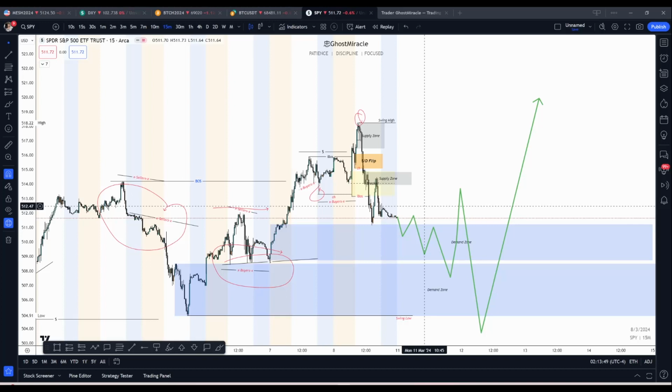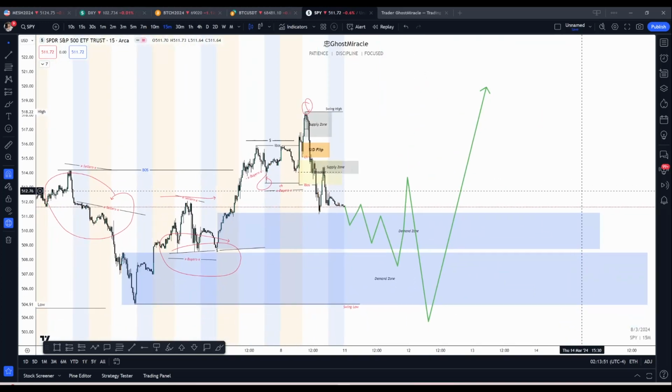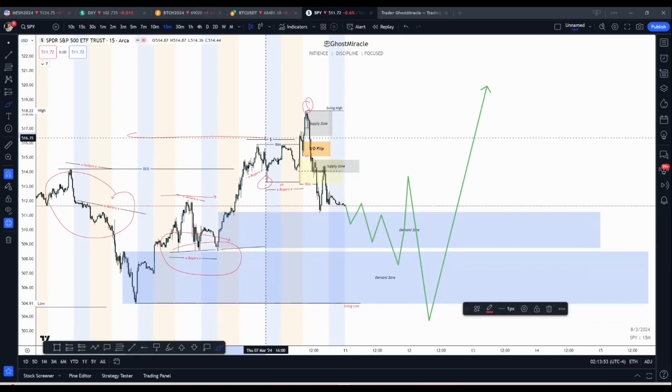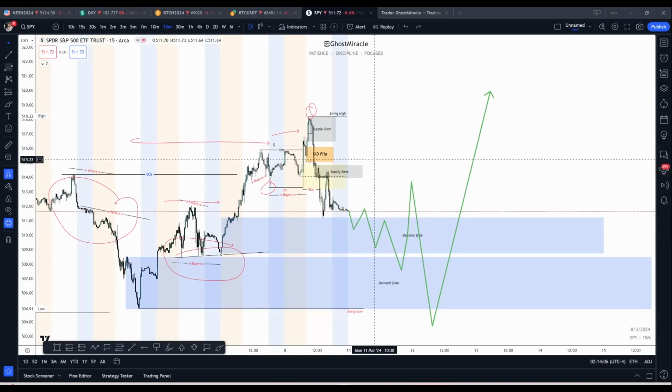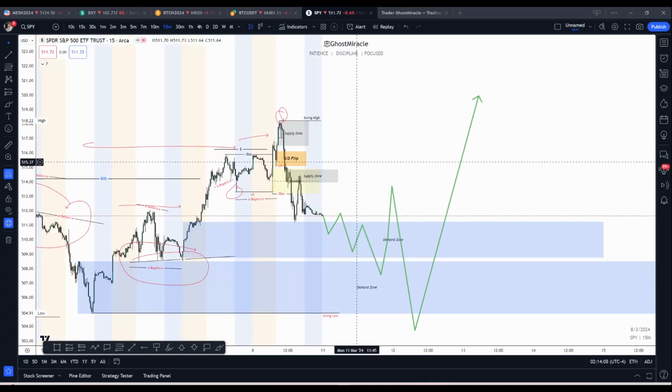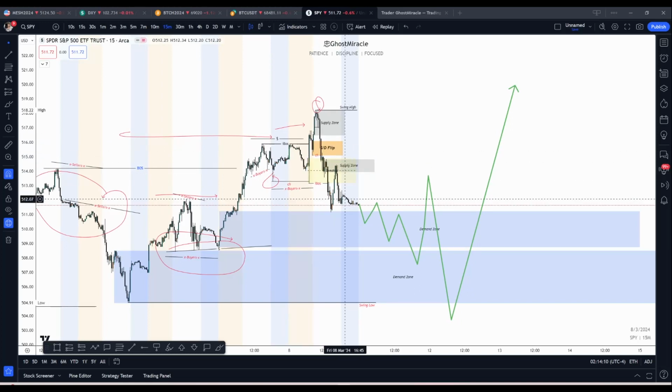If price is coming down, if price is coming up, I would do the same thing, regardless of having a break of structure or internal break and all that stuff. It's kind of showing you what it wants to do before it gets there.